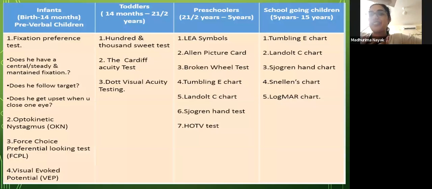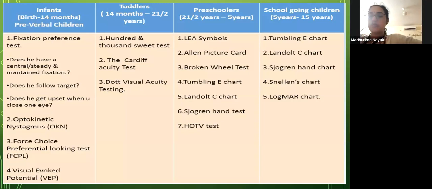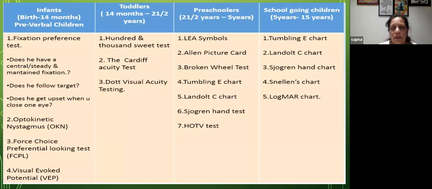No, because at least till 1.5 years. See, it again depends on how active and cooperative the child is. Sometimes even at 2 years, we have to write CSM. If the child is not cooperating, but he's able to follow your things, then you can write. But around 1 year, after 1 year, you have to start documenting other ways.